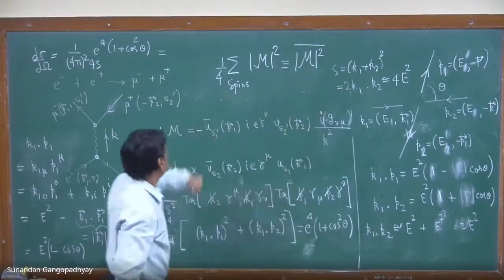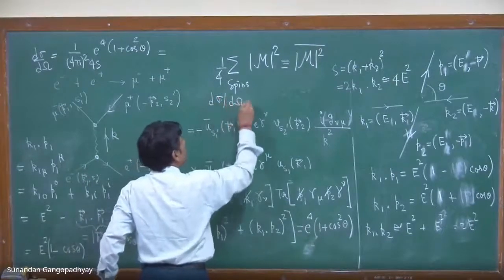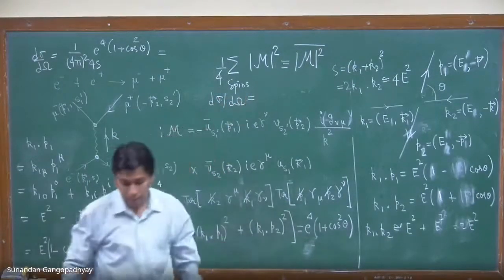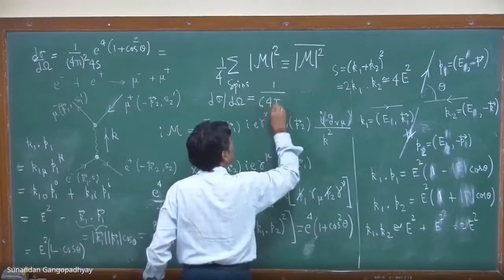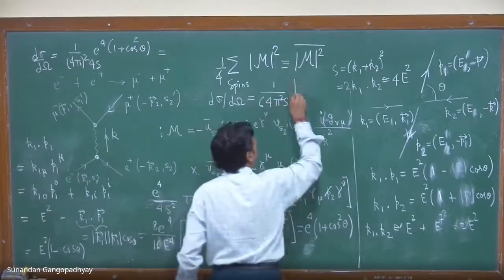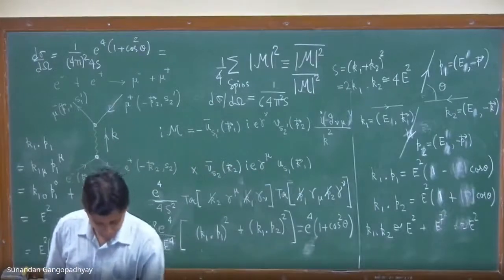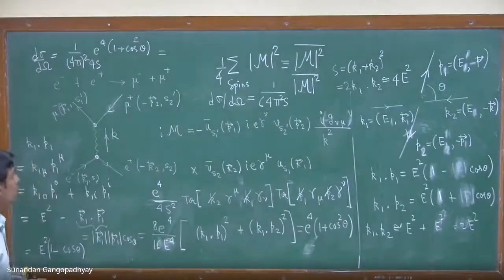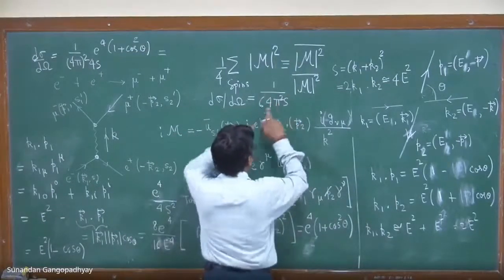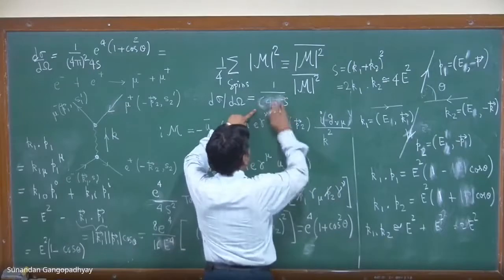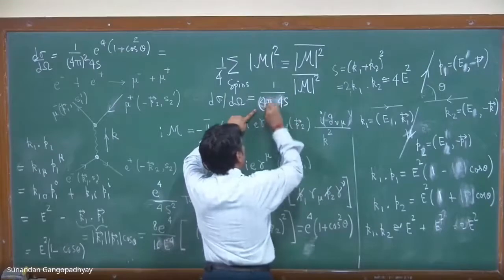Okay. If you introduce this notation, then you can show that the differential scattering cross section d sigma d omega in the center of mass frame is given by, you can derive a formula for that, 64 pi square s times this. Which means that you can write 64 pi square s as 4s and (4 pi) whole square.